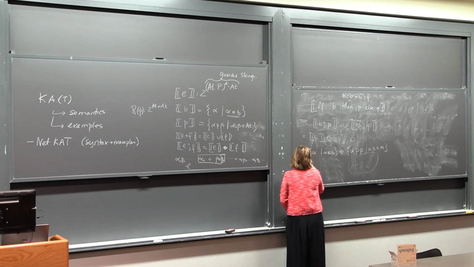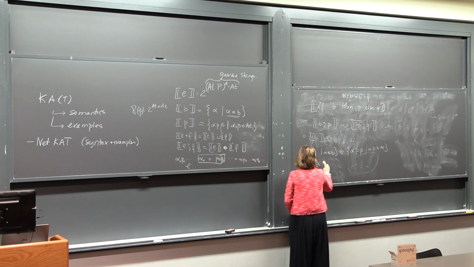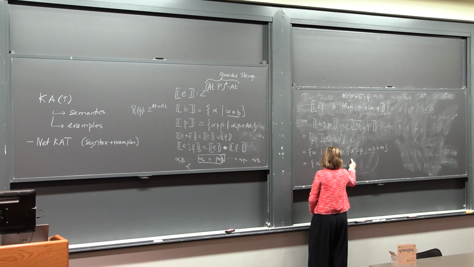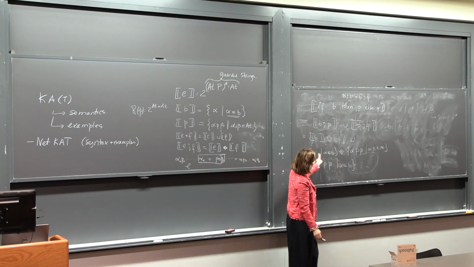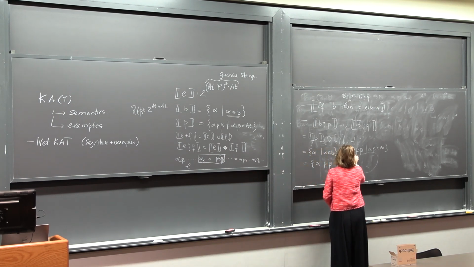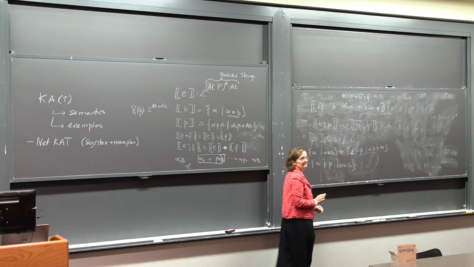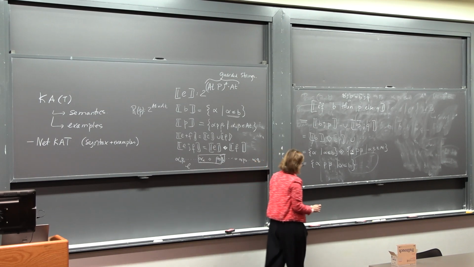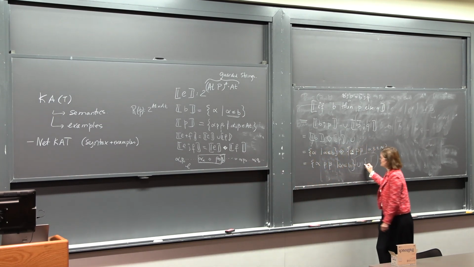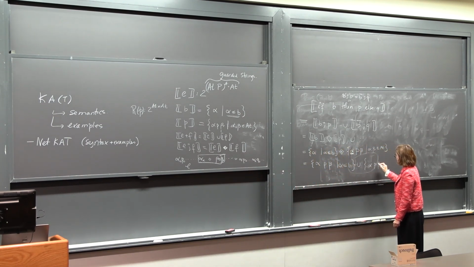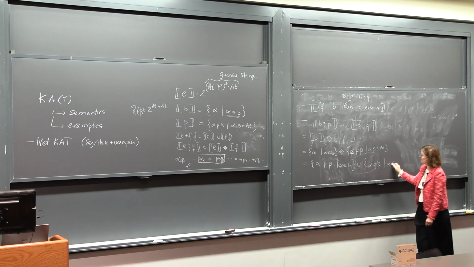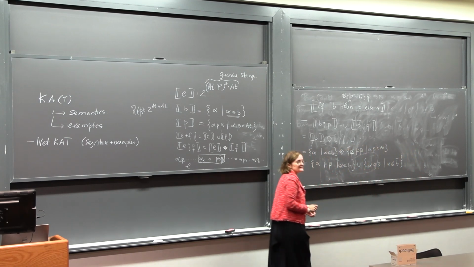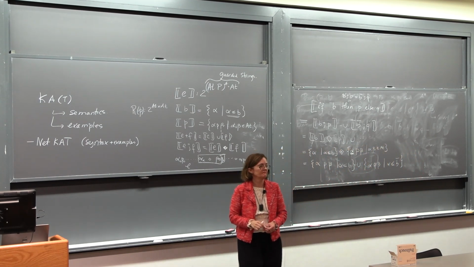When I concatenate, I get alpha P beta, in which alpha has to imply B. So this concatenation restricts alpha: it must imply B. And I union these with all alpha Q beta such that alpha implies not B. Okay?